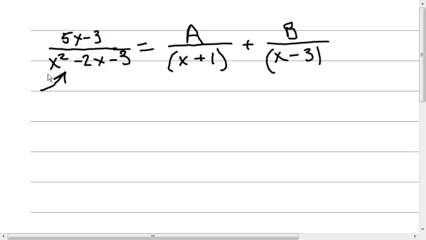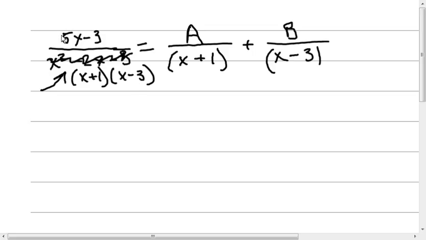Well, the first thing we could do is, instead of writing this denominator out as a polynomial, let's write it out as (x plus 1)(x minus 3), like that. And then what I want to do is multiply through by this term. Okay?